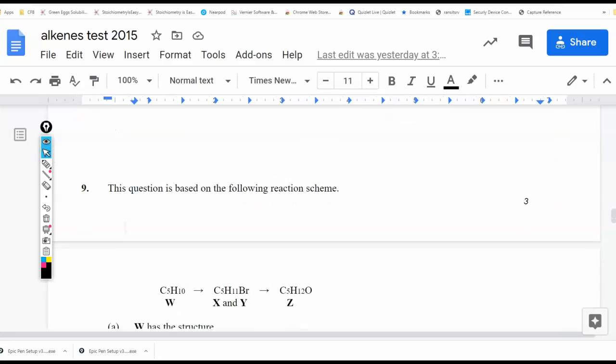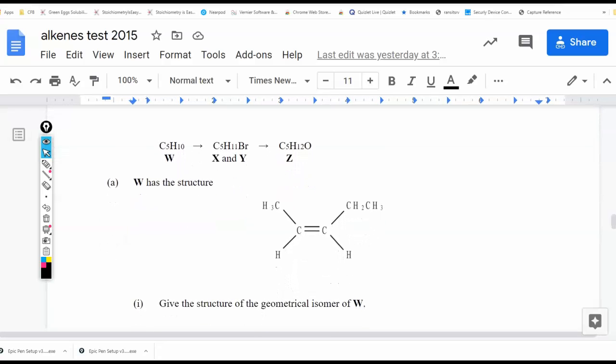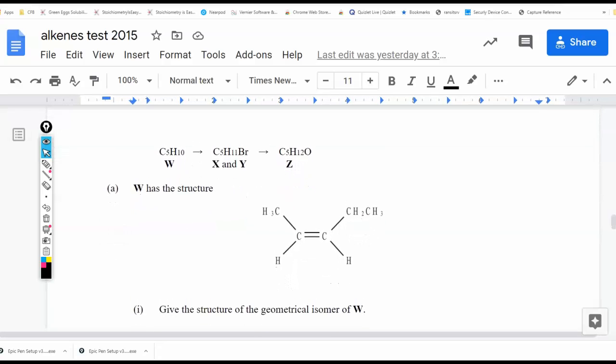Okay. Here is our following reaction scheme. We've got a pentane. It looks like a pentene, actually. The reason why I can tell this is a pentene is because this follows the CnH2n format. So that's why I think that's a pentene. And then it tells you W has the structure of, that's what the structure looks like.